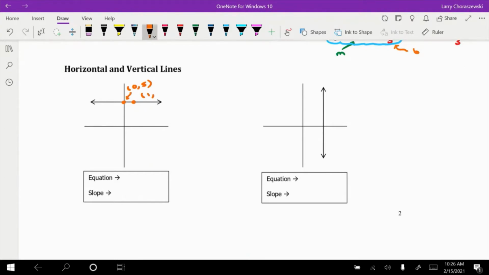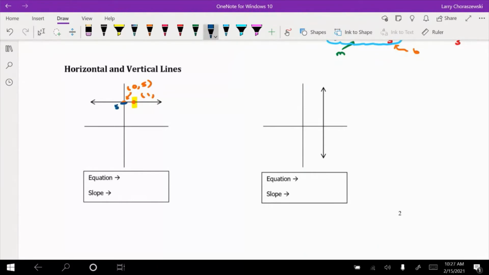Could anybody tell me what the y-coordinate of that point would be? The y-coordinate of this point? It'd be 5. Yeah.